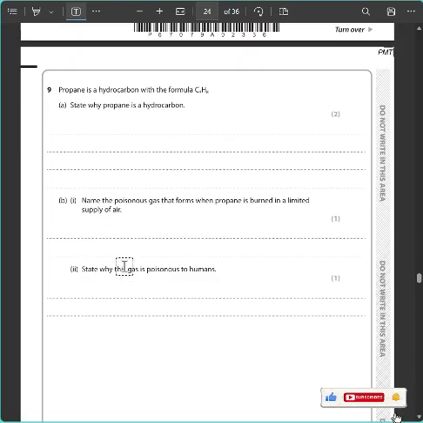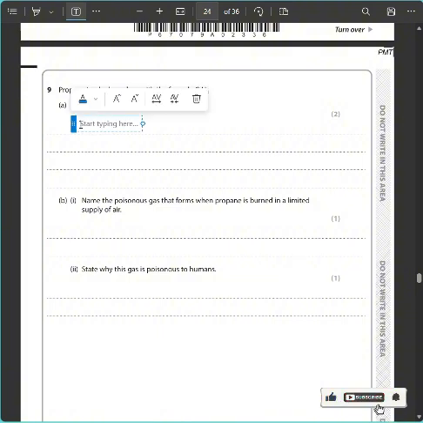Ninth question. Propane is a hydrocarbon with the formula C3H8. State why propane is a hydrocarbon. Because propane contains hydrogen and carbon atoms only.